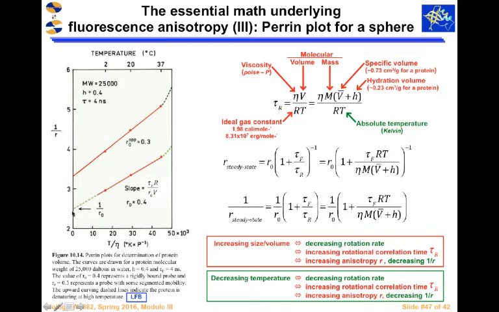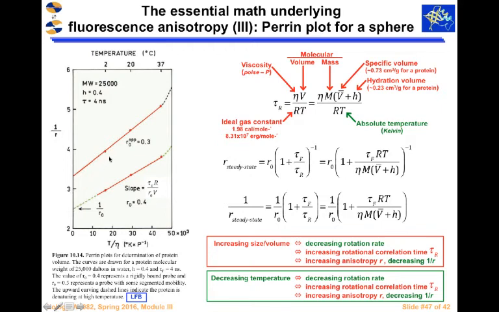Anisotropy should reflect just photoselection, and so it should be 0.4 for a fluorophore that has its excitation and emission dipoles aligned. In some cases when you measure experimental Perrin plots, you will see that. You will extrapolate back, and this will be 1 over 0.4, or 2.5.